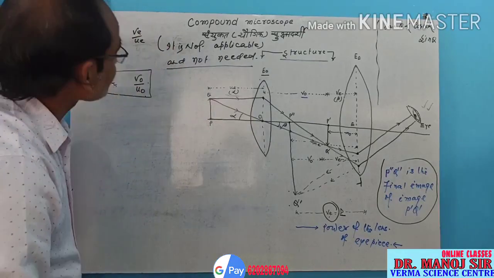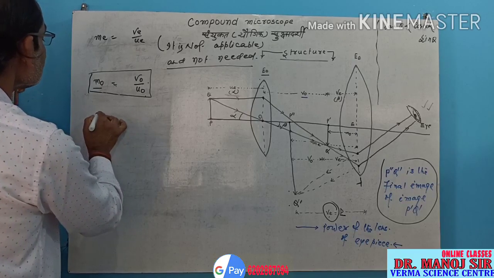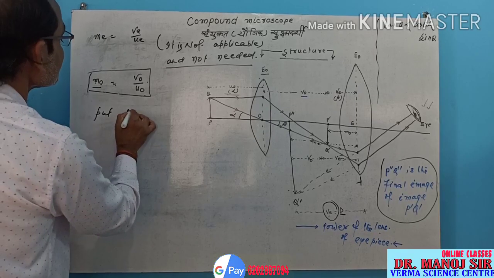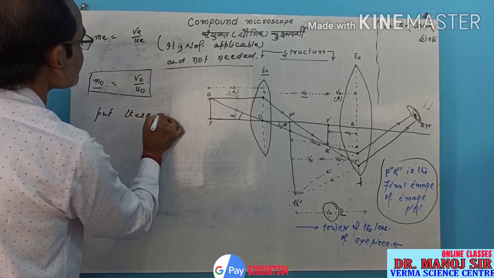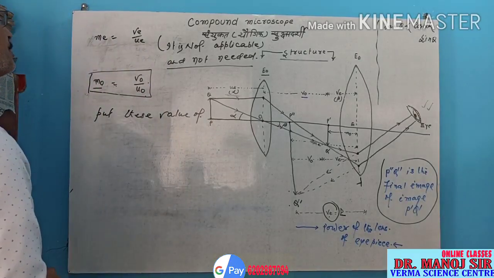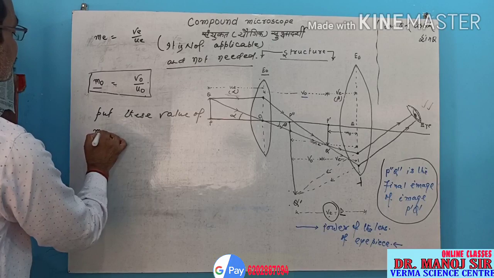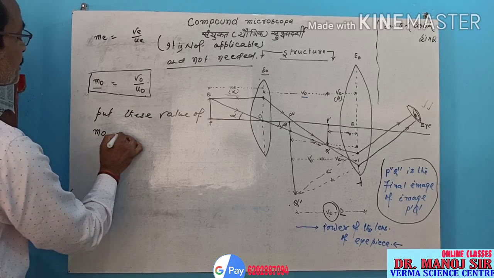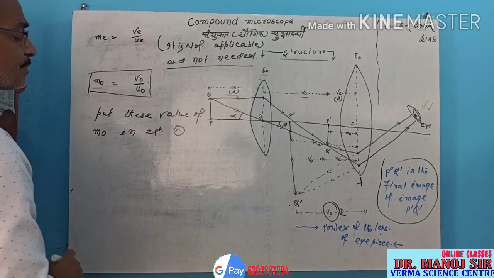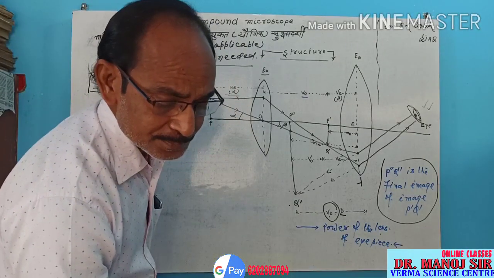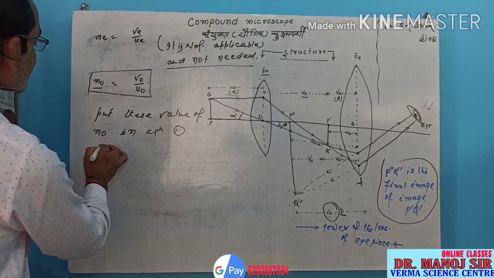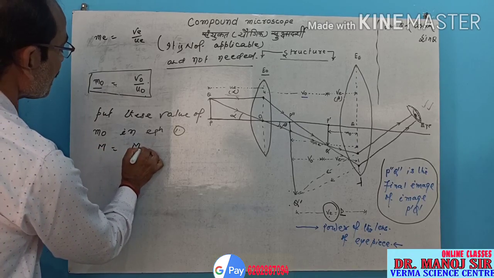So we put these values of MO in equation first. Equation first is M equal to ME into MO.